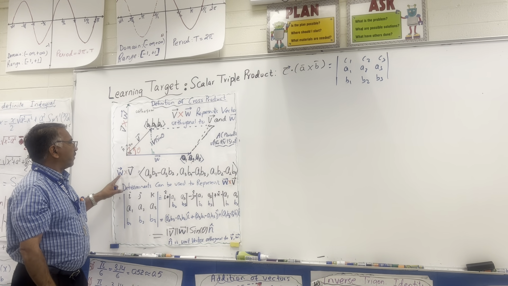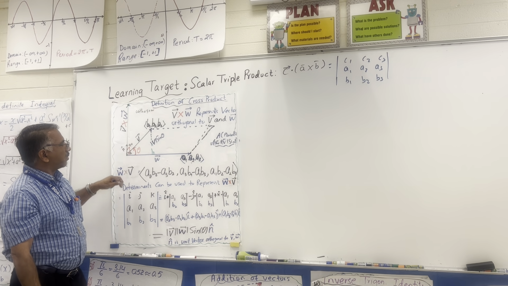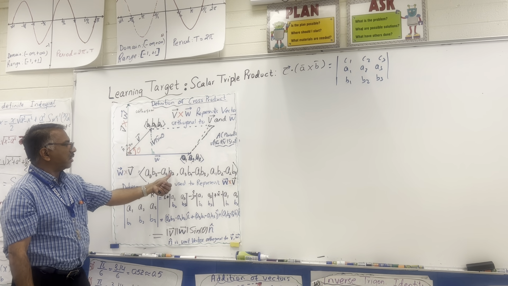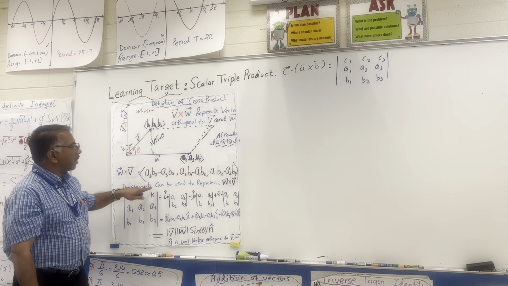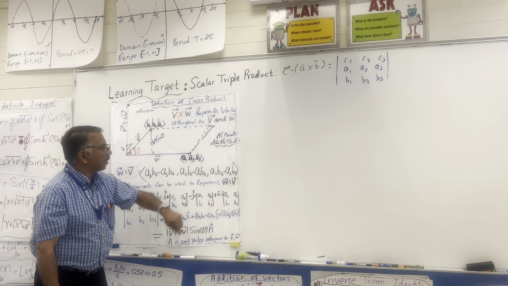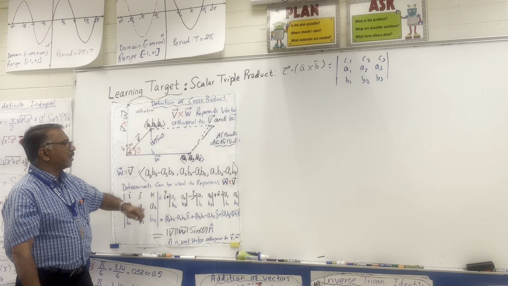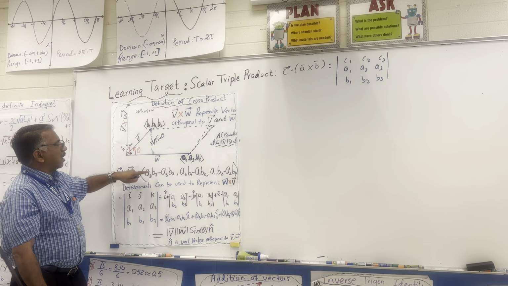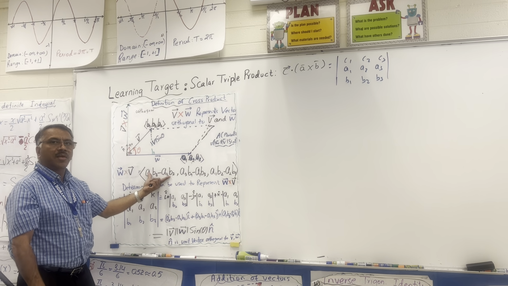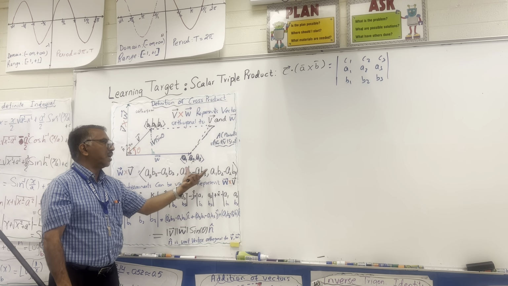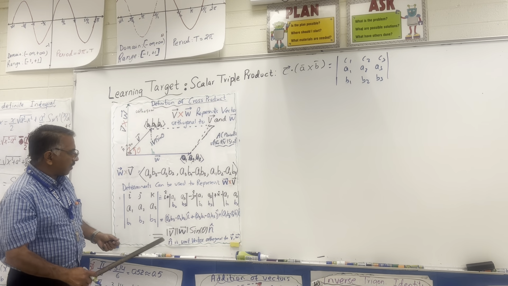In the component form, I showed that the cross product vector is A2 B3 minus A3 B2, and I proved this in the earlier video. Once you get this, determinants can be used to represent it. Of course, this is the component form, multiplied by I plus this times J plus this times K, and that's what I wrote here.